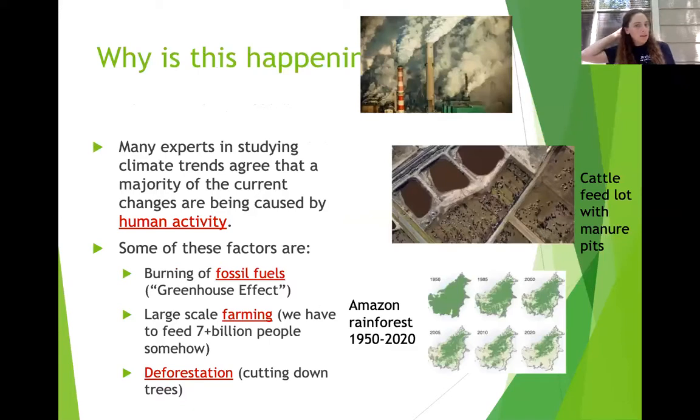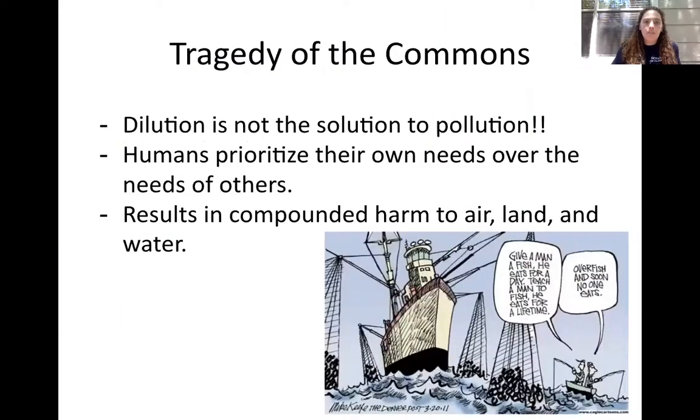So most of this is happening because of human activities. This comes from the burning of fossil fuels, large-scale farming, and deforestation. All these lead to more carbon dioxide. And the farming leads to more nitrogen, and more nitrogen in the water is not a good thing.